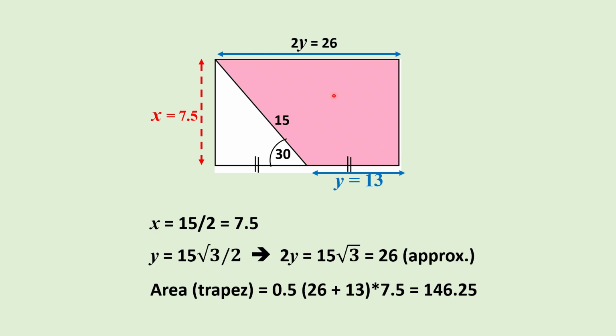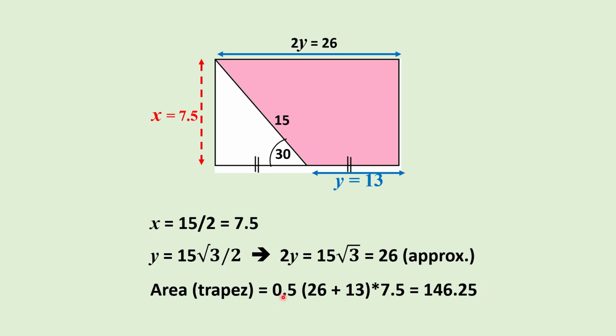Now the shaded part is a trapezium with one pair of parallel sides. So the area of the trapezium is given by 0.5 into the sum of parallel sides, that is 26 plus 13, into the altitude, the perpendicular distance between the two parallel lines, 7.5.